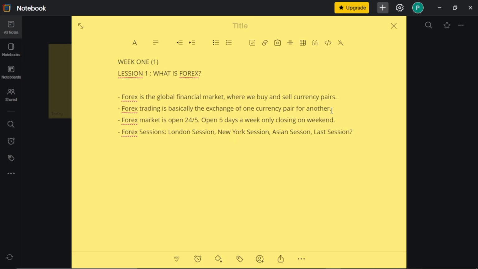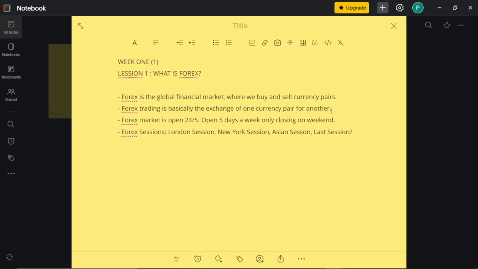There are different sessions in the market, and these sessions have currency pairs that move better during the sessions when the economies of those currency pairs are active, right? So you would expect, let's say, the London session is usually from 8 a.m. to 4 p.m. UTC.